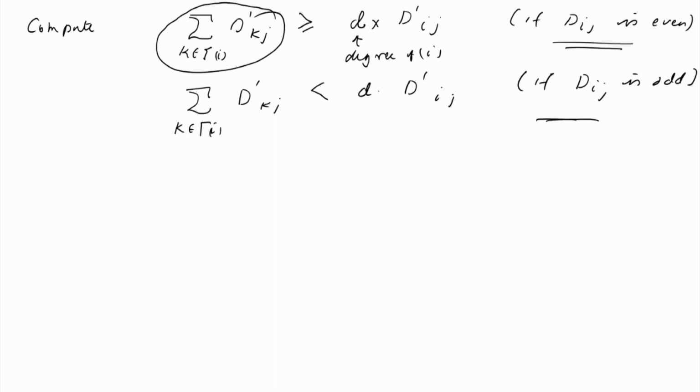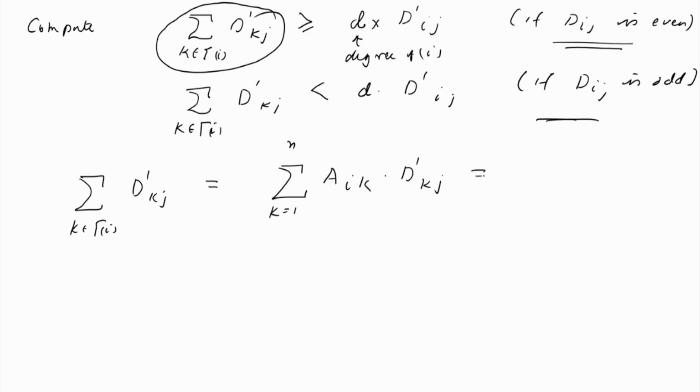And this calculation can be written as a matrix multiplication. This is just the sum over all k going from 1 to n of A_ik times d'_kj. A_ik is 1 only if k is a neighbor of i.